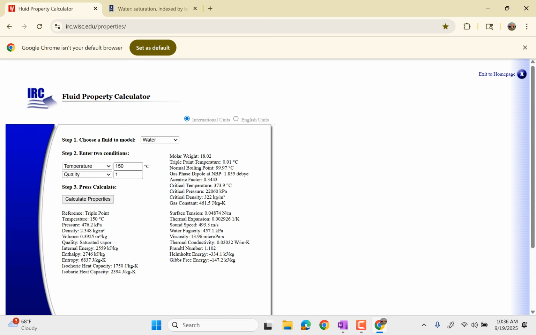If you look at that internal energy, it's about what we saw before. Let me go down to standard atmospheric pressure, where the saturation temperature is 100. This is what it gave us before for the specific internal energy. If I make the quality equal to 0, it goes down to 419.